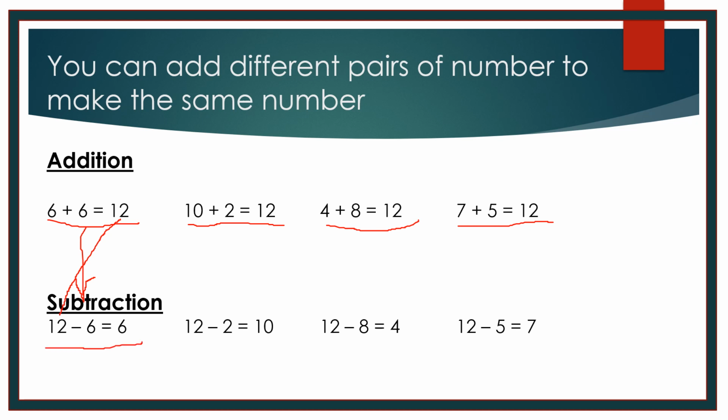See kids, we have used all these numbers in the subtraction example. 12 minus 2 is 10. 12 minus 8 is 4. 12 minus 5 is 7.